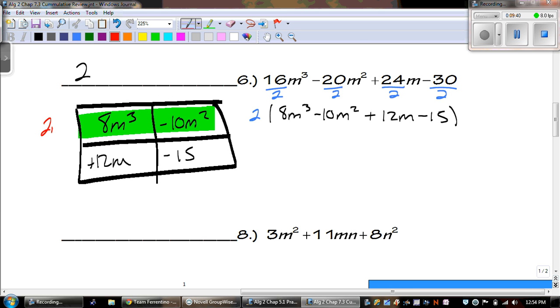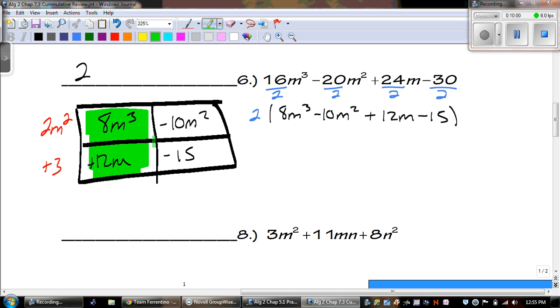And that's 2m squared. Remember, if you can take a variable out, take a variable out. Okay, GCF at the bottom. 12 and 15, the number that I can take out is a +3.